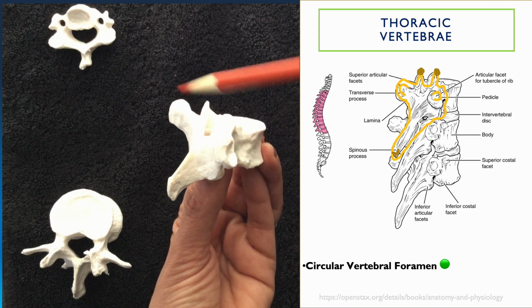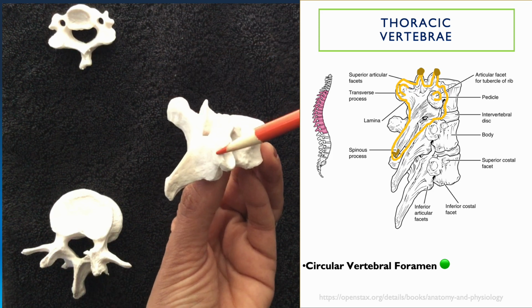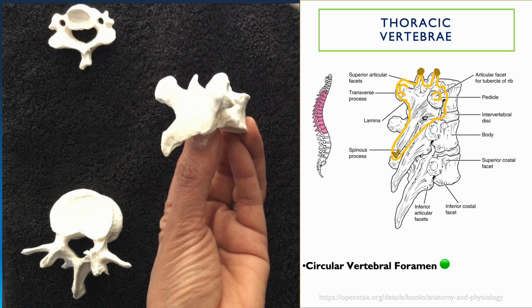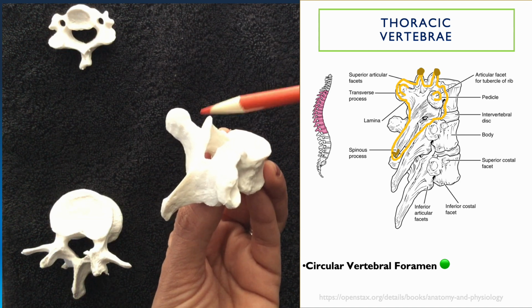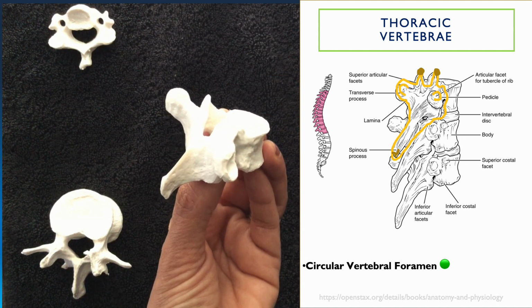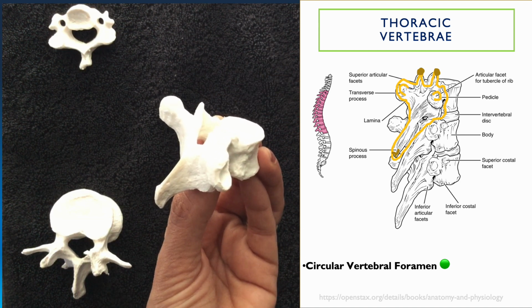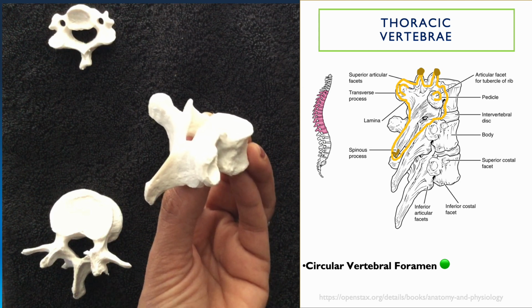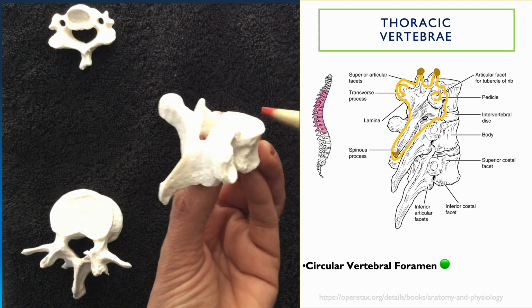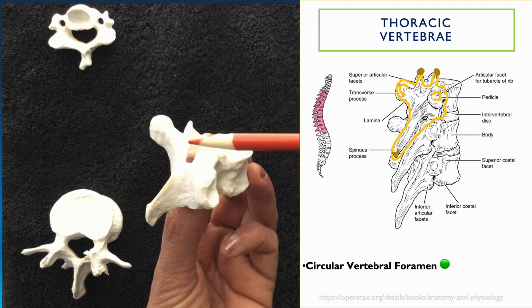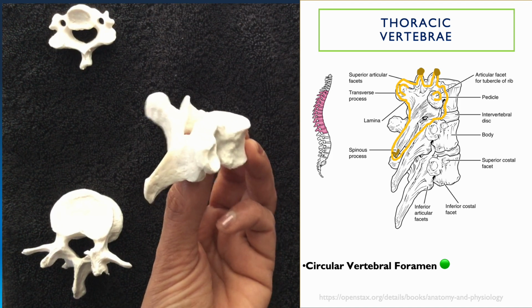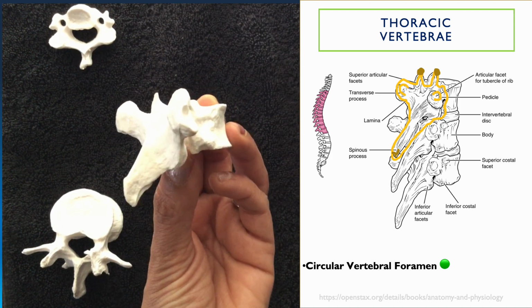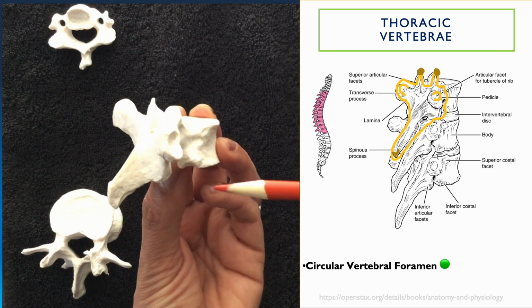And then these right here are your transverse processes, which look like ears, right? And then these little mounds, which are your superior articular facets, look like little mounds or antennae almost, that you see on top of the giraffe's head. So that's an easy way to identify the thoracic vertebrae.